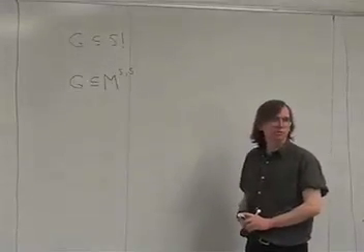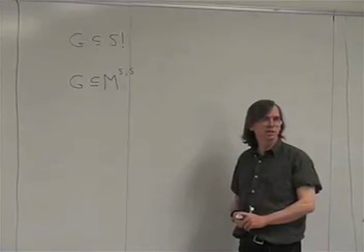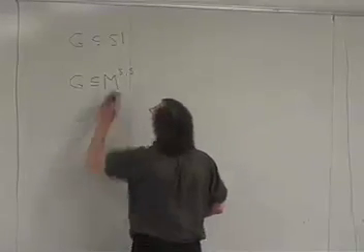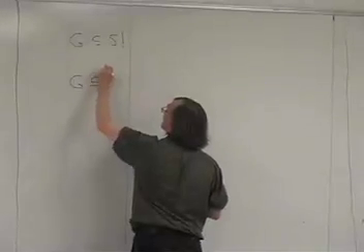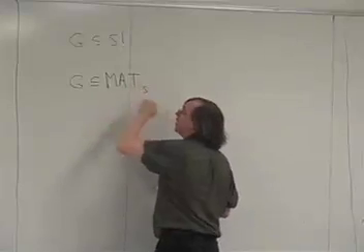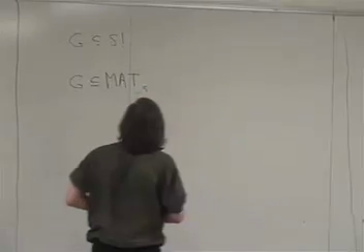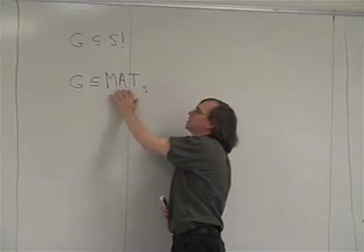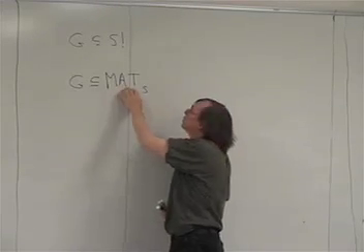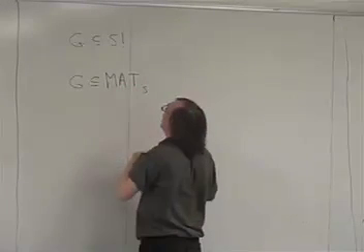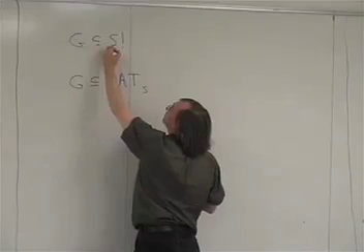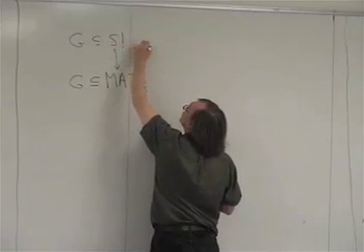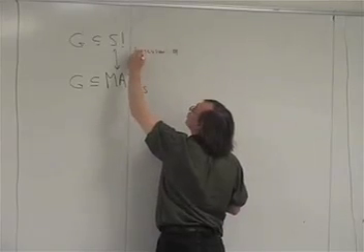These are square matrices, and you can think of them as linear operators on the vector space whose elements are S. There's an inclusion map here, the inclusion of the so-called permutation matrices.